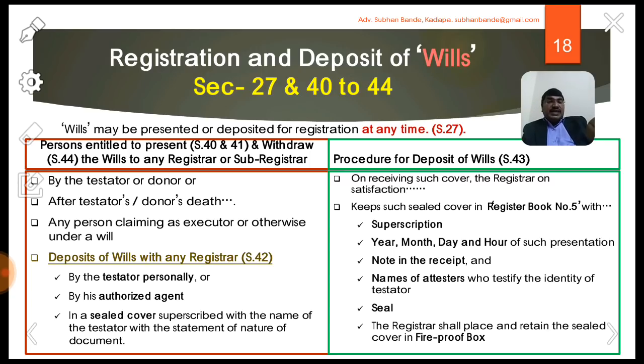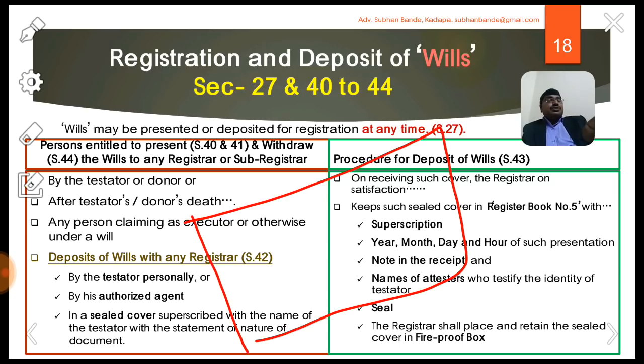Next, the deposit of wills with any registrar is specified under section 42. The wills should be deposited with any registrar, not the sub-registrar, by the testator personally or by his authorized agent, in a sealed cover. Such wills should always be kept in a sealed cover, superscribed with the name of the testator.